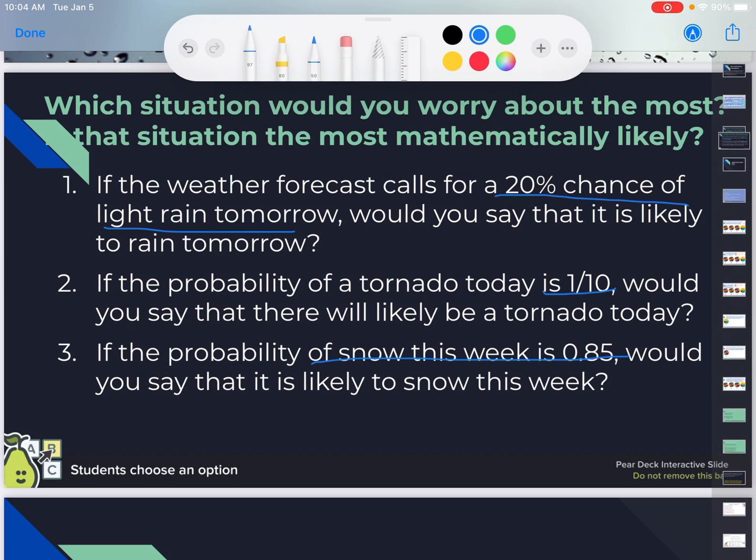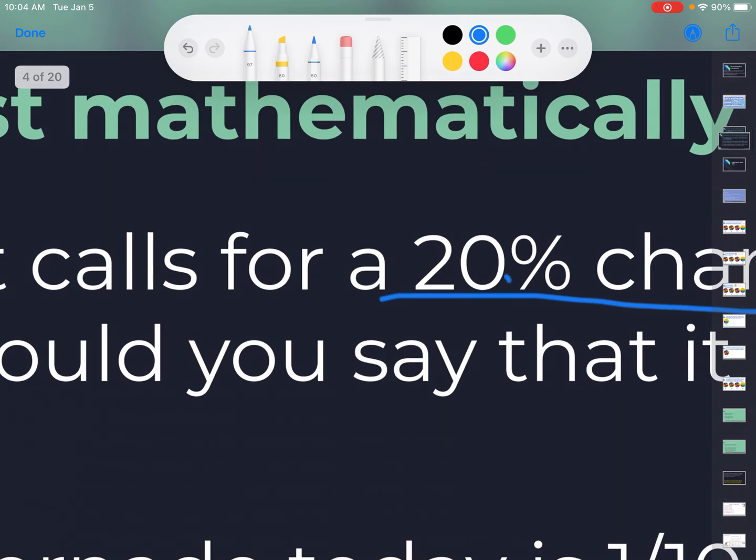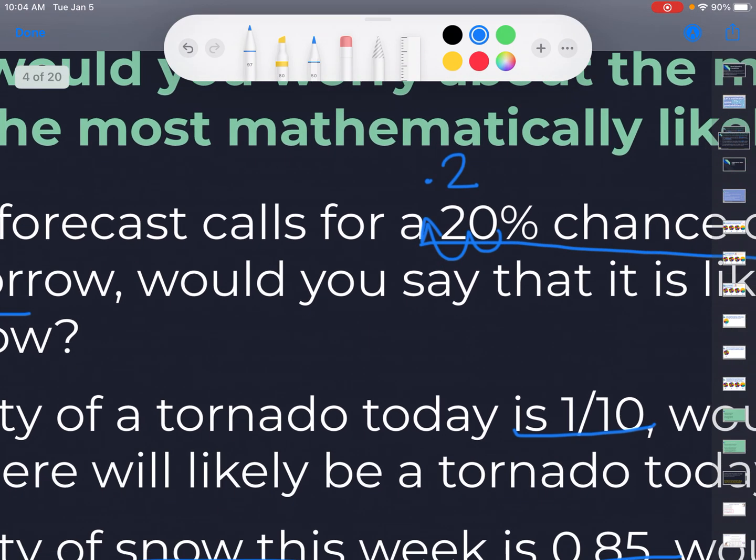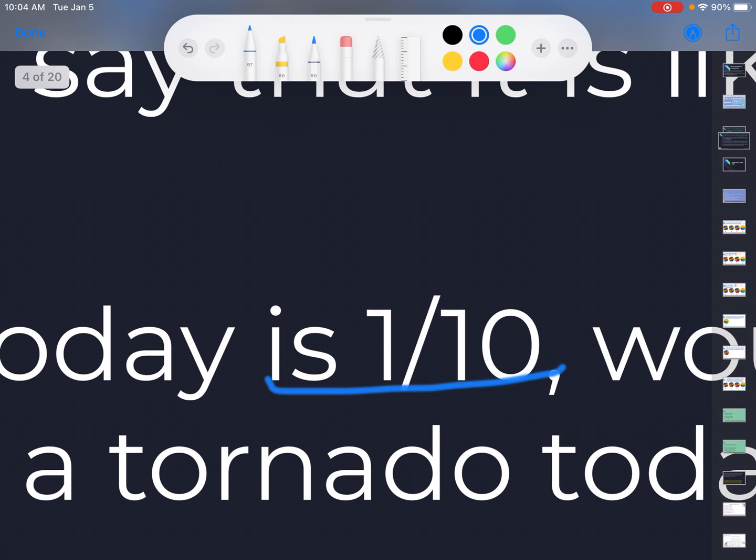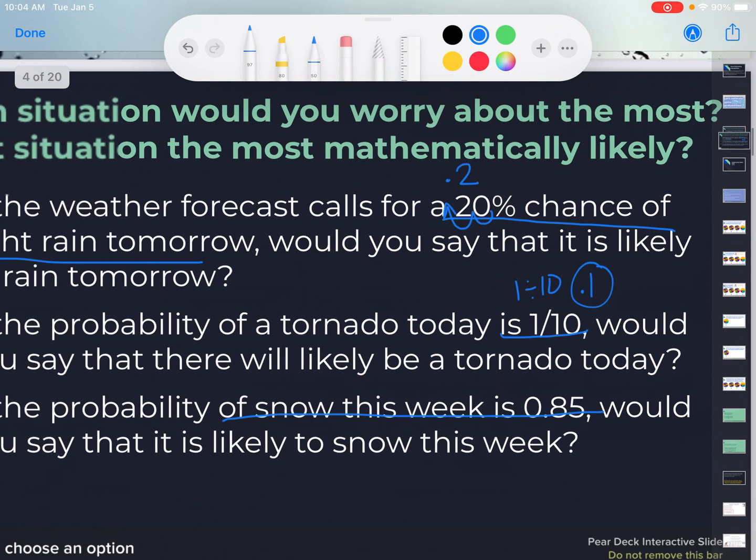I'm going to convert them all into decimals because that's the easiest in this circumstance. You move the decimal 2 places to the left to change a percent to a decimal, so that's 0.2. 1/10 really means 1 divided by 10, which you can do in your calculator, or 0.1. And this one is 0.85.